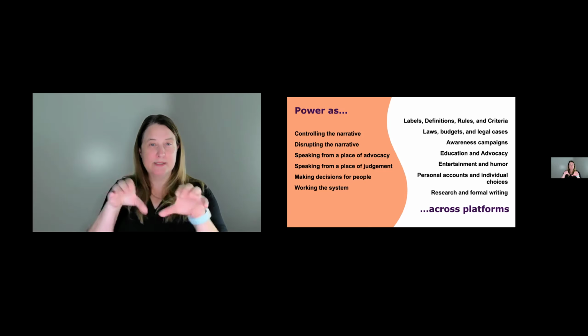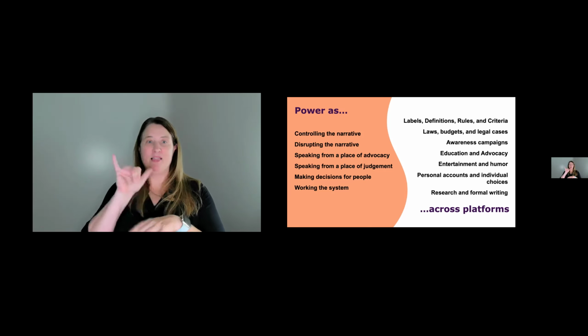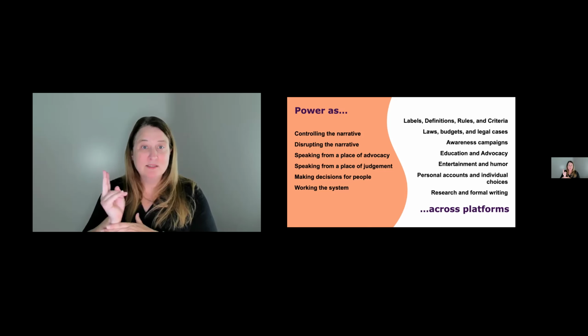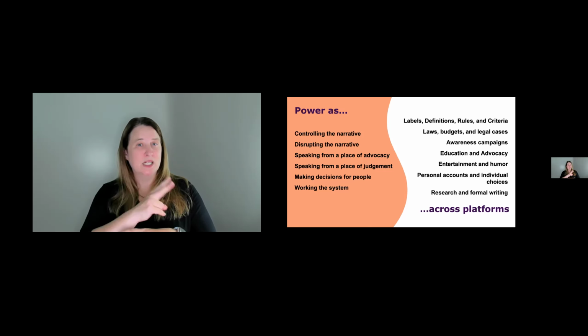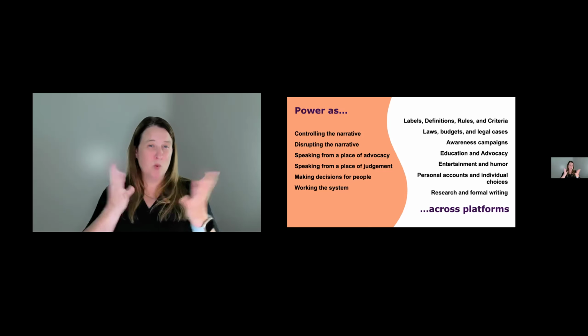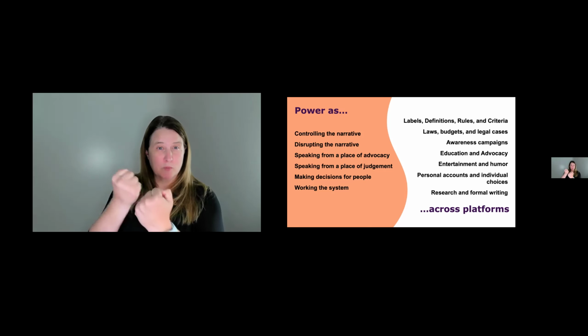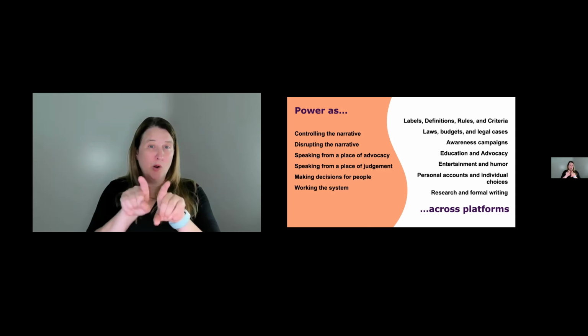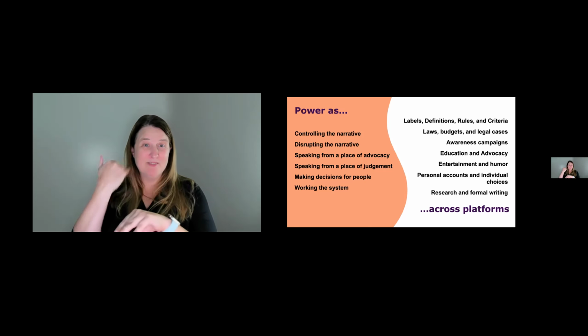As far as laws go, we talk about the ADA, the Americans with Disabilities Act, and that's a very important law. With budget cuts, you're seeing the government cutting budgets right now, and that's going to impact what is available for support for those with disabilities.